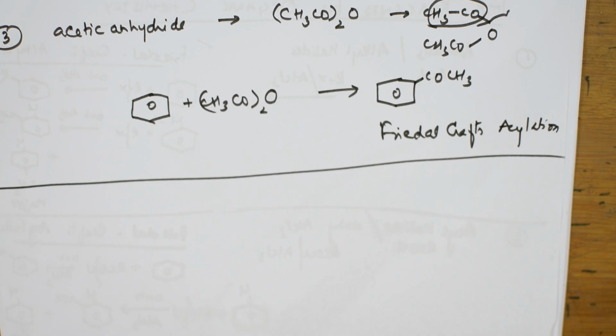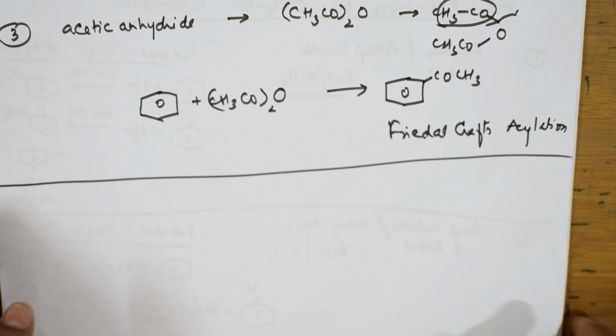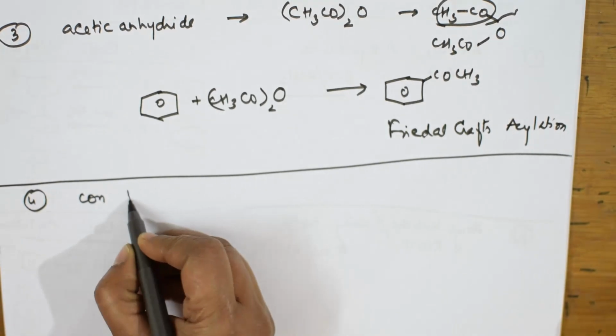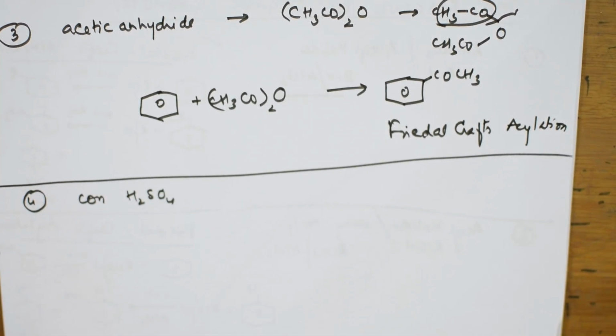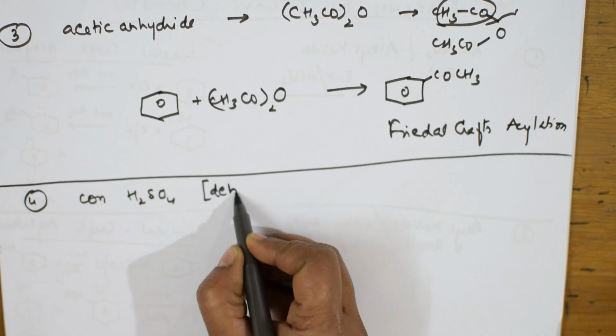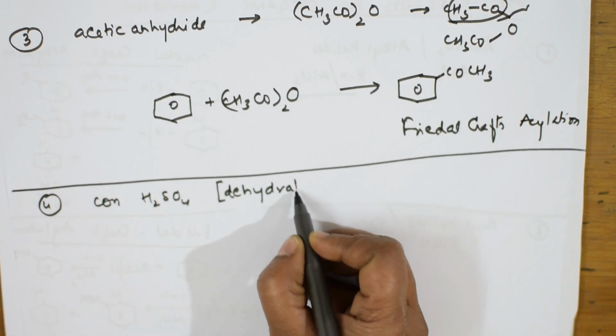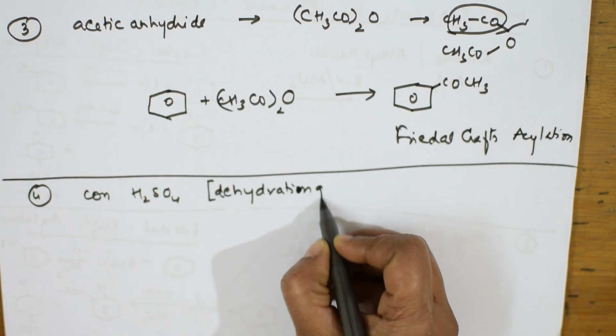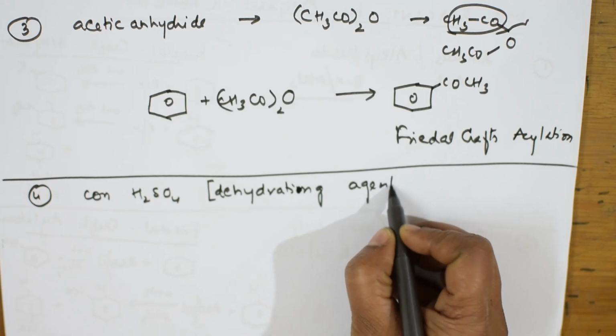Done. That's over. Now next important thing, in the exam paper, suppose if you have seen the presence of concentrated sulfuric acid, always remember concentrated sulfuric acid, what type of reagent is it? Concentrated sulfuric acid is a dehydrating agent. What is a dehydrating agent?